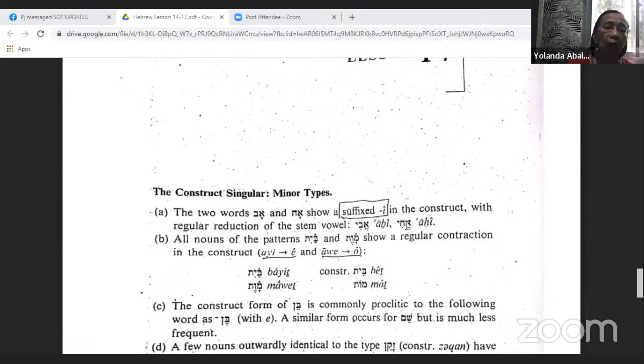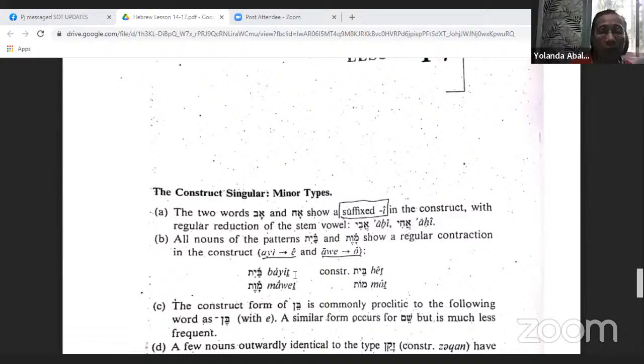Aki, my brother. All nouns of the patterns bayit and mavet show a particular contraction in the construct of ayi. Ayi, dito po sa gumagamit tayo sa bayit. Ayi. Kita niyo. Awi, dito po sa mawit or mavet.